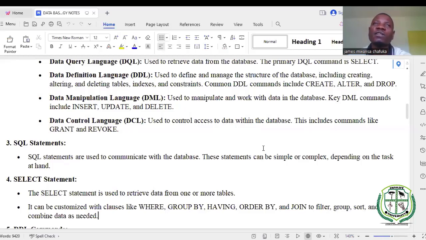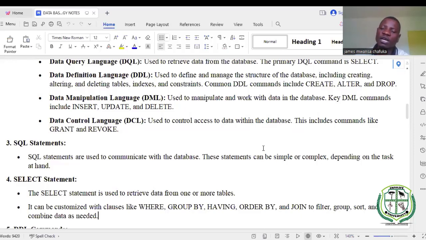These statements can be simple or complex, depending on the task at hand. So in order to communicate with the database, you need to engage the SQL statements.